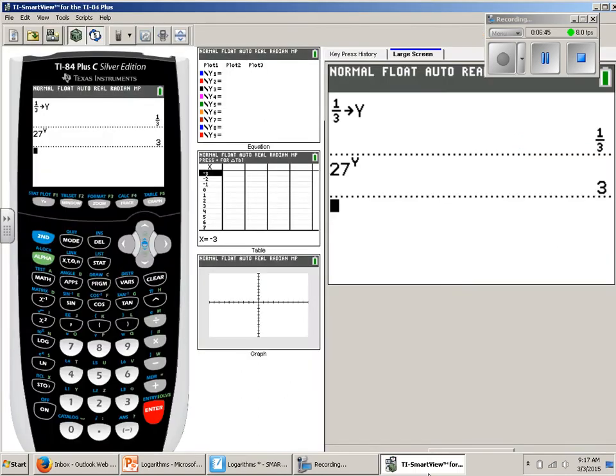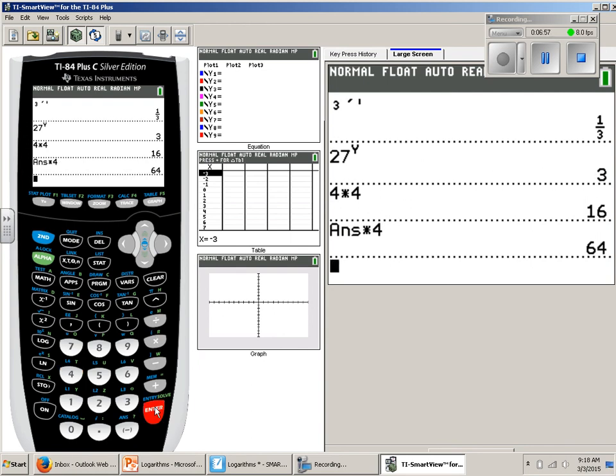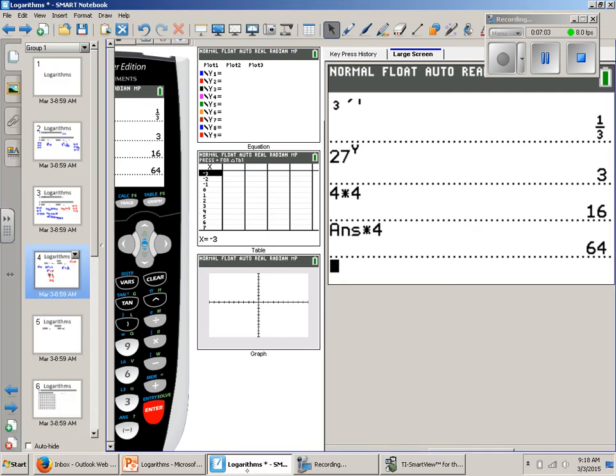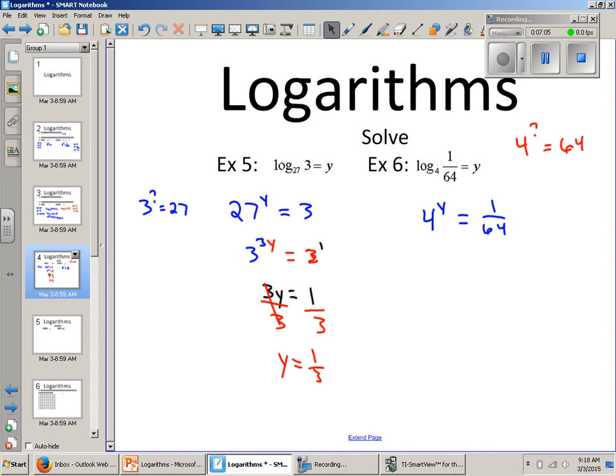So let's go to our calculator. 4 times 4. And that's not 64. So times 4 again. That is 64. So how many 4s did it take? 3. So 4 to the 3rd power.